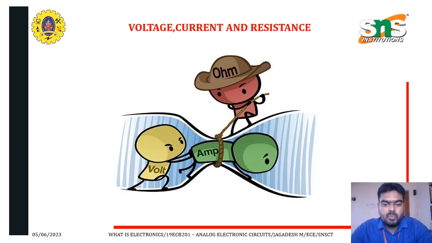The volt is pushing along the path, but the ohm is on the outside, holding back, resisting the amp, where the amp is considered the current. This image clearly depicts the relationship between voltage, current, and resistance.